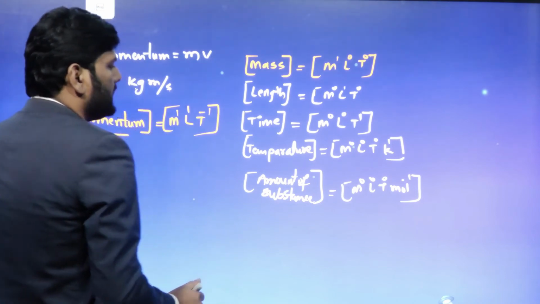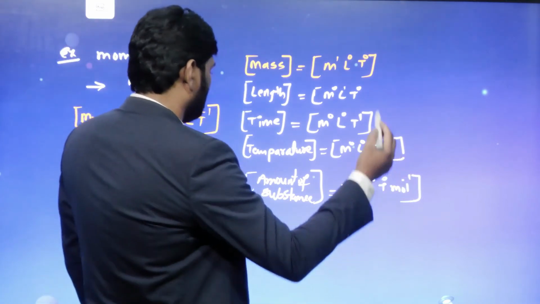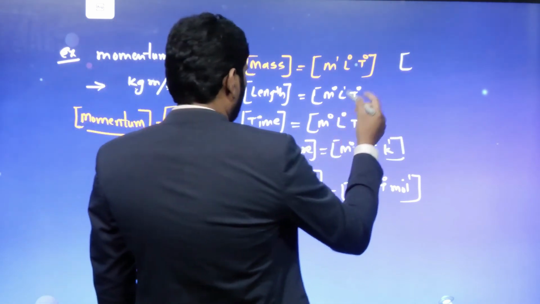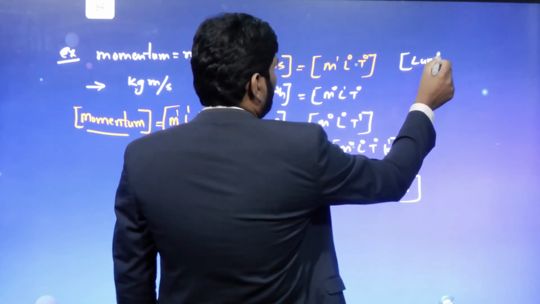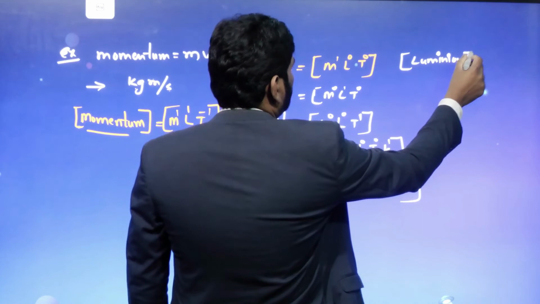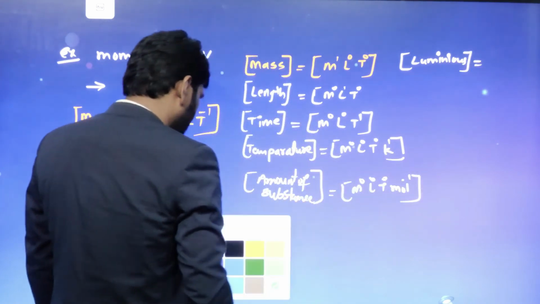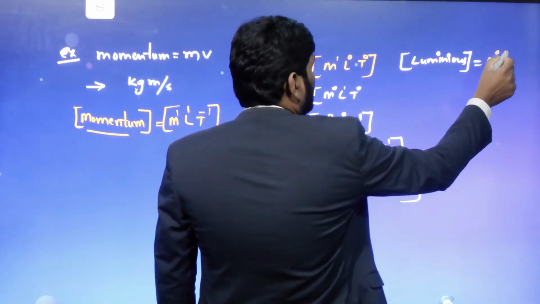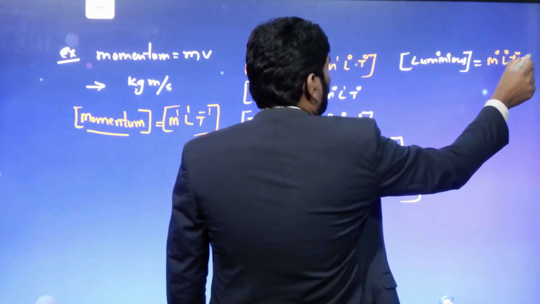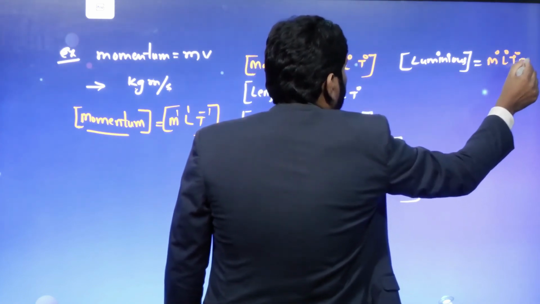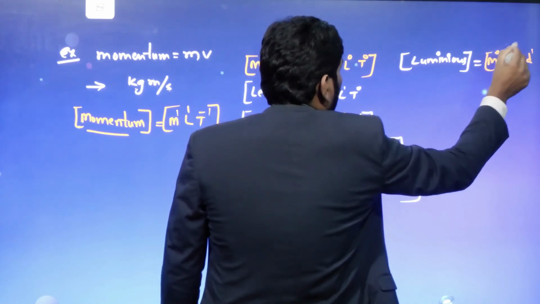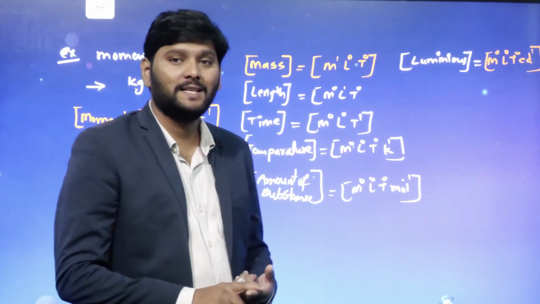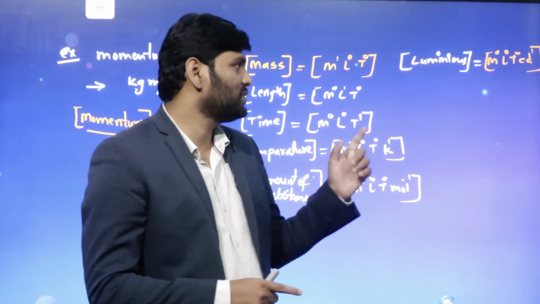Similarly, what are the remaining physical quantities? After amount of substance, luminous intensity. You can take luminous intensity this way: M0 L0 T0 CD power 1. This is the way you can express it. Why CD here? CD, candela, is the unit for luminous intensity. To represent it, I have shown it that way.